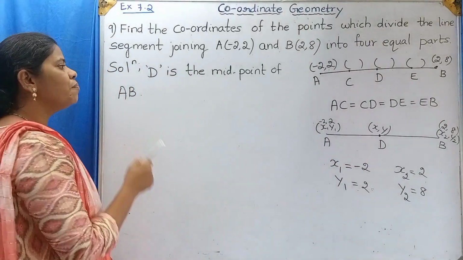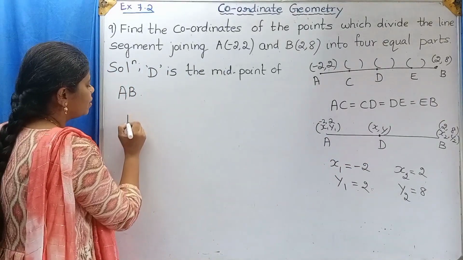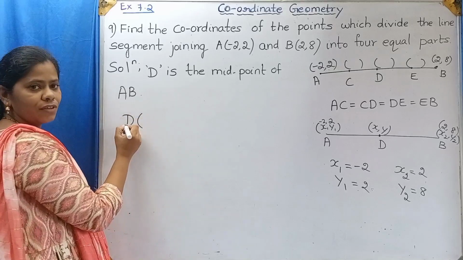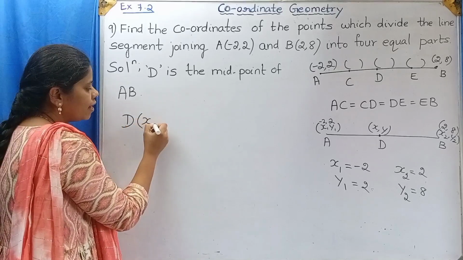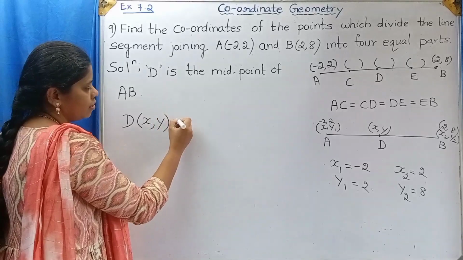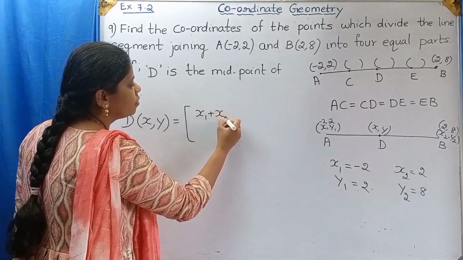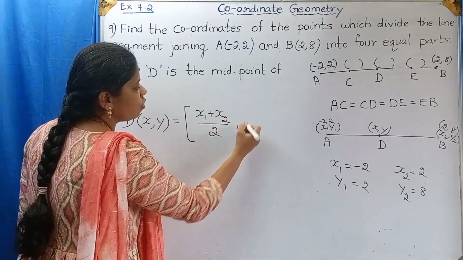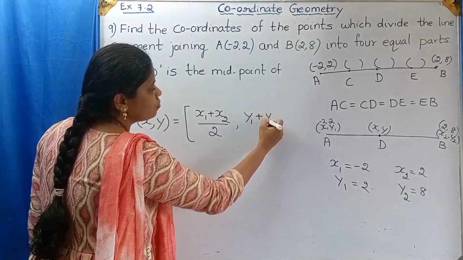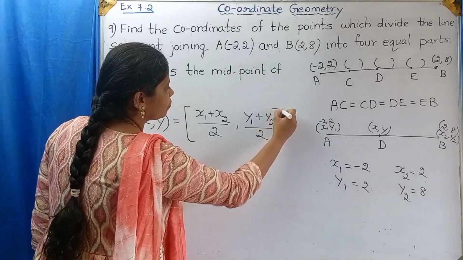And we are finding the coordinate of the point D. Now, what is our midpoint formula? Here we are finding the coordinate of the point D. Therefore, let me take D(x, y) is equal to ((x1 plus x2) divided by 2, (y1 plus y2) divided by 2).